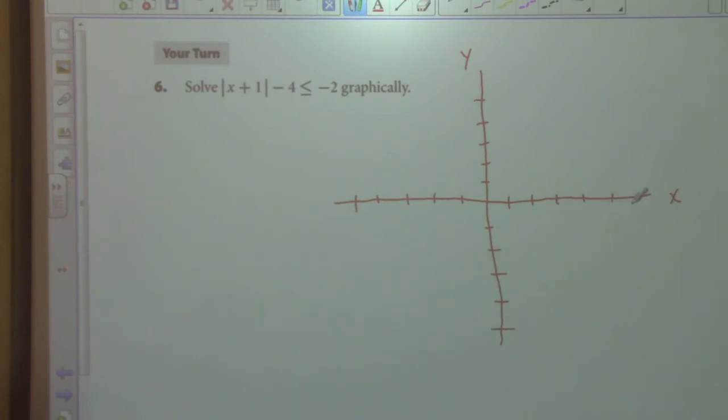I find when you do these kind of free-handed, you can generally get it kind of close by just eyeballing it.